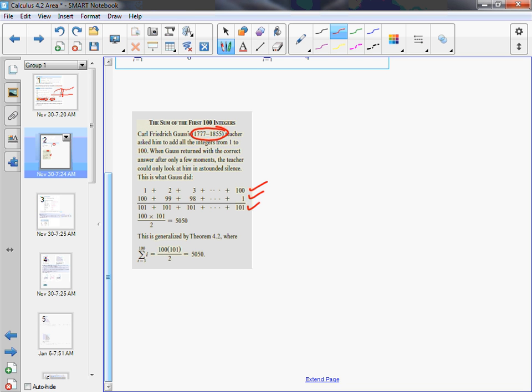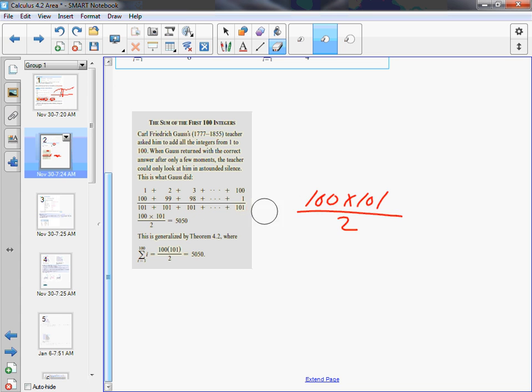So the sum down here is 100 times 101. But isn't that 2 times bigger than he wanted? Didn't he add each number twice instead of once? Divided by 2. Yeah. He was what's known as a genius.